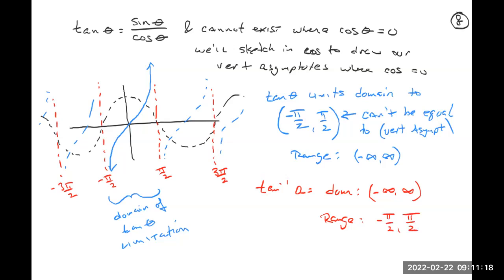So this is the extent of our possible answers. So, like arcsine, we are pulling from quadrants 1 and 4.